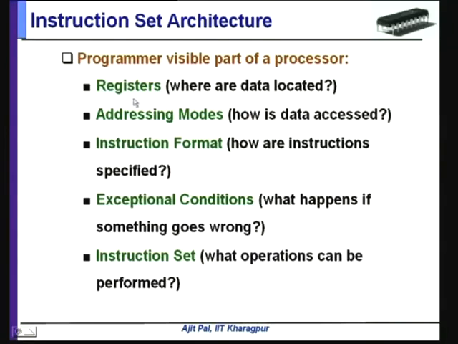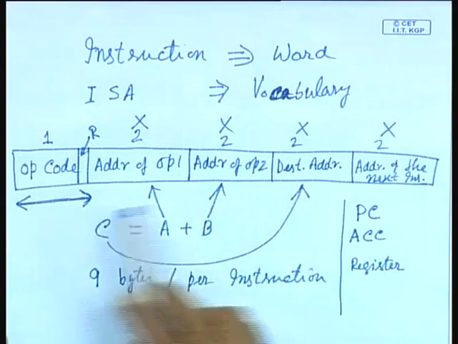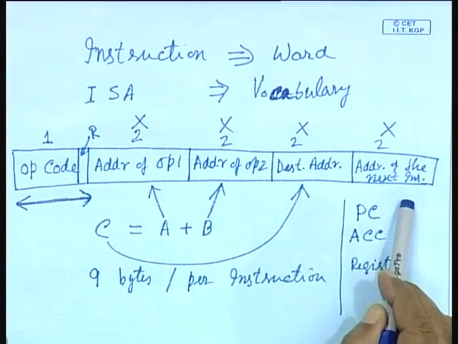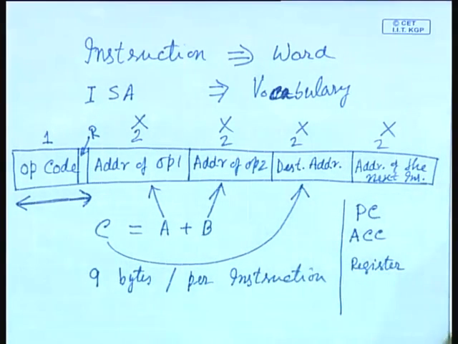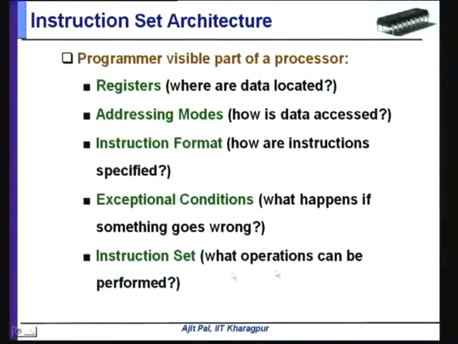Then the instruction set architecture also provides various addressing modes, with the help of which data can be accessed either from registers or from memory. Then the instruction format, which I have already mentioned. You may call it an instruction format, the various fields of an instruction with the help of which you can specify various things. Then you should also know the exceptional conditions.